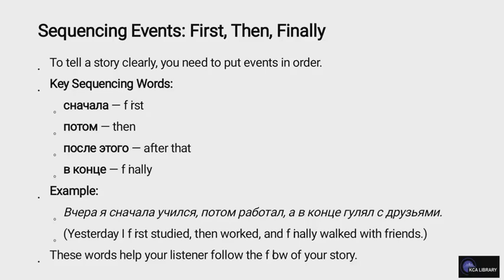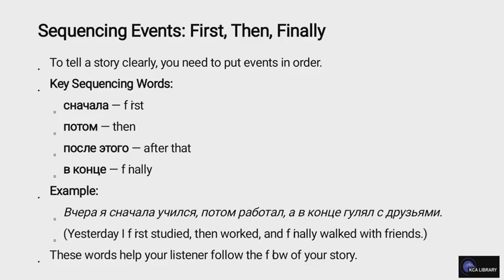Example. Vchera ya snachala uchilsya. Potom rabotal. V kontse gulyal s druzyami. Yesterday I first studied, then worked, and finally walked with friends. These words help your listener follow the flow of your story.